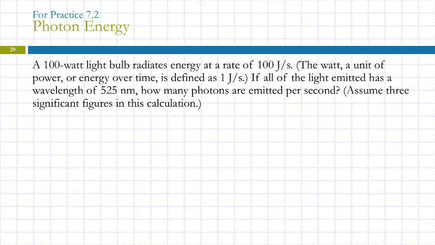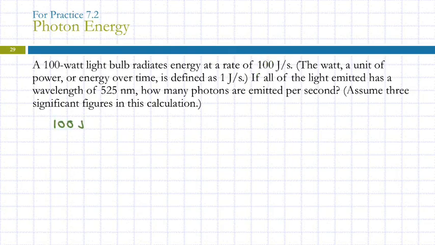Okay, let's pick this apart. We can do this. We'll pull the numbers out and see what we can do with those. 100 watt light bulb, 100 joules per second, and then this little parenthetical statement here. We don't need to use the 100 watts, we're going to use the 100 joules per second.